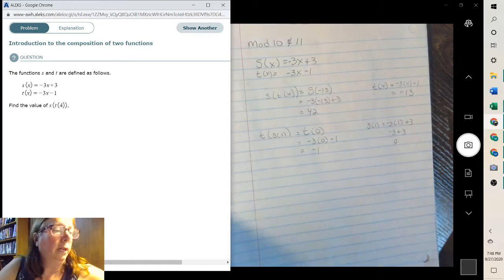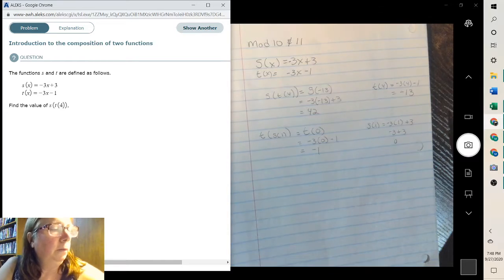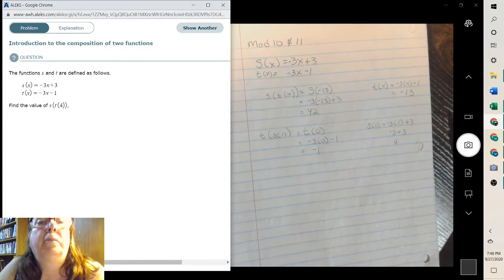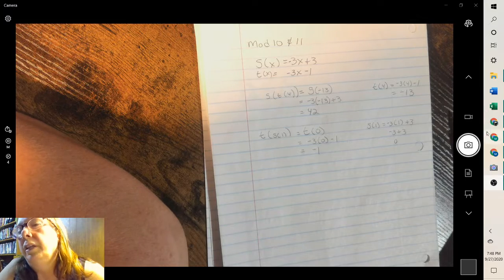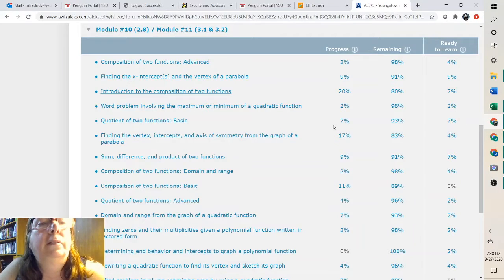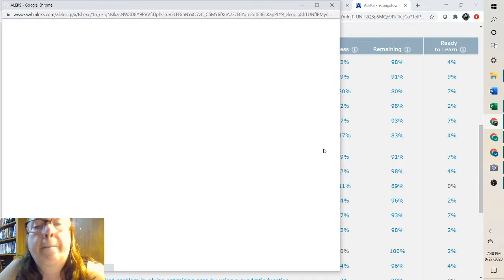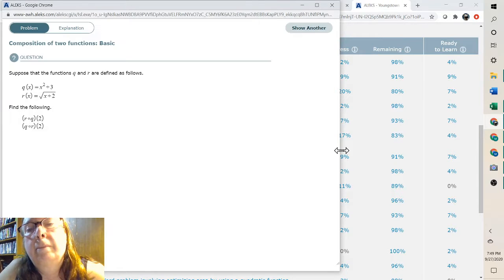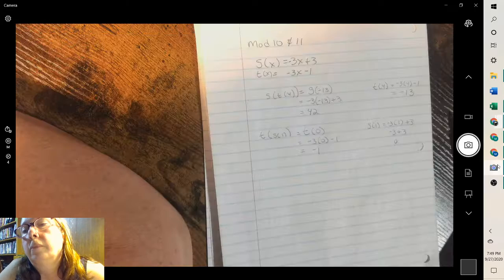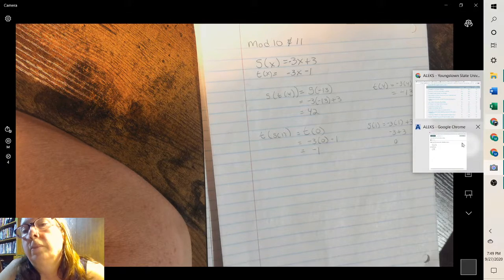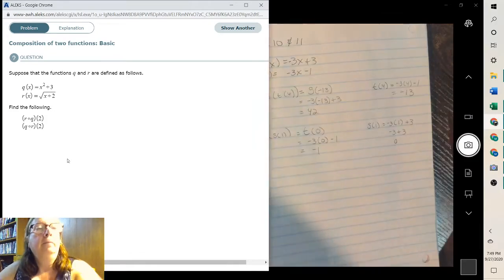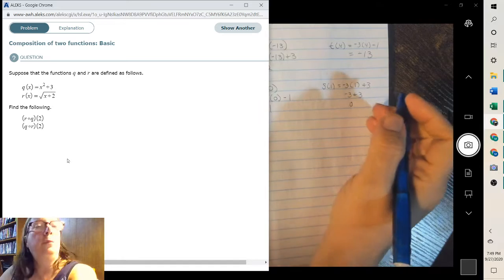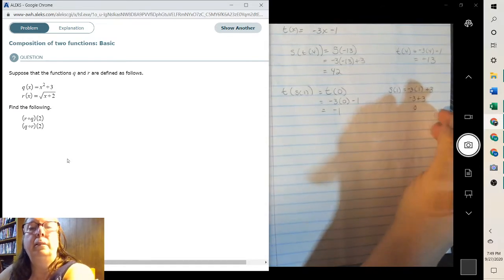So that's the introduction. When we go to the basic, they just have a little bit harder equations, but it's the same thing. Composition, here it is. Notice it's written a little bit differently, but it means the same thing.